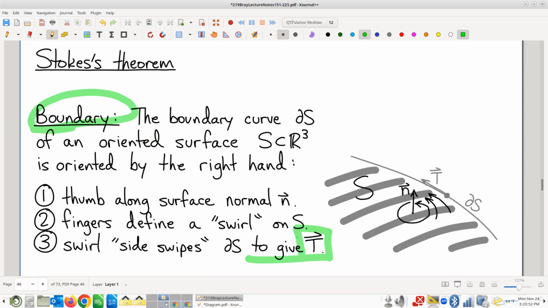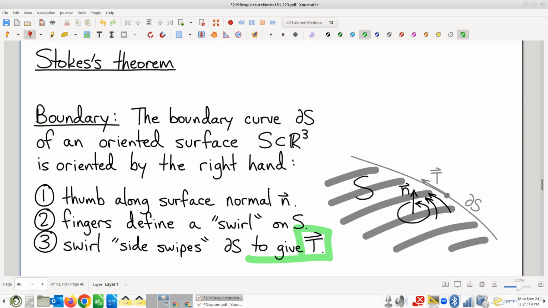I don't want to go through the whole thing again, but the short version is that you put your thumb in the direction of the surface orientation. That defines a swirl by way of the direction that your fingers start to wrap around your thumb, and how that swirl sideswipes up against the boundary is the correct, what we call induced, orientation on the boundary.